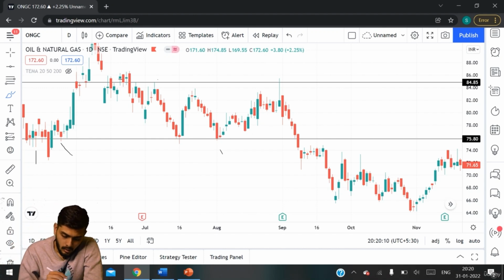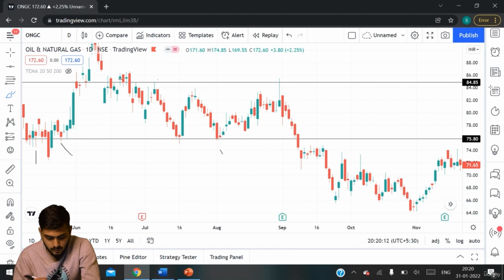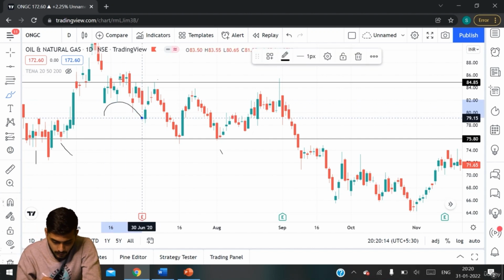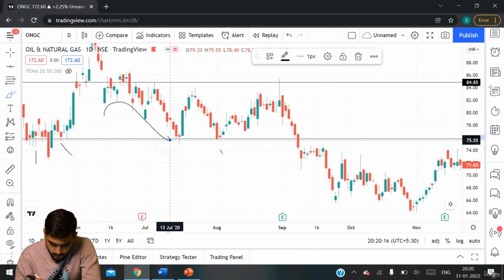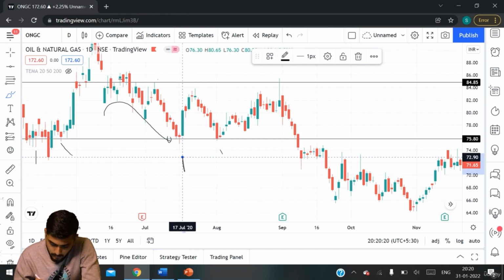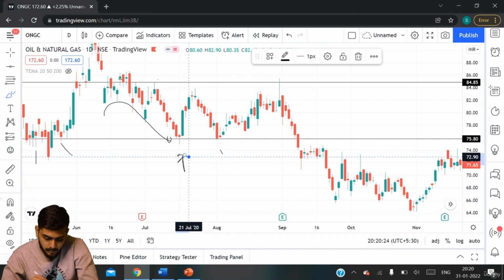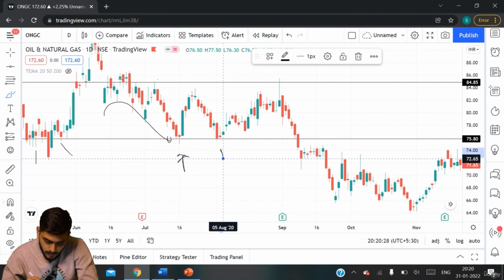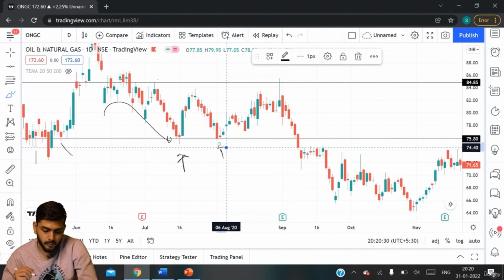Now what we can see here is that the market went here, came here, tried to go down, and then it got a push that no, you need to go up from this point. Similarly, after again 4 to 5 days, the market came to the same point and again got a push that no, you need to go up. See, right?